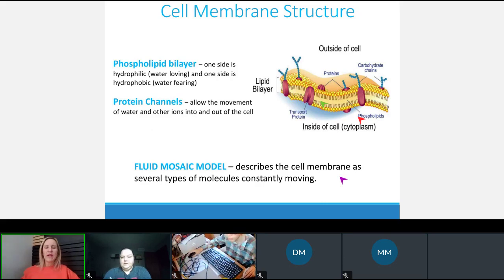Macy, do you want to read about what the fluid mosaic model is? One side is hydrophilic, water-loving, and one side is hydrophobic, water-fearing. Perfect. Sully, you want to read about the protein channels and this fluid mosaic model?